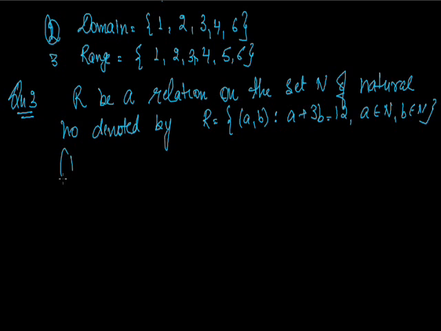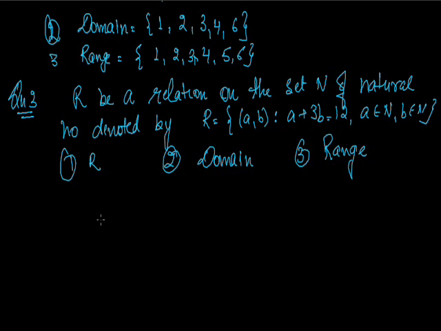We have to find first R, second domain, and third range. That is, we have to first find out the R, and it is given the condition A plus 3B is equal to 12, and A and B are natural numbers. Let's start.